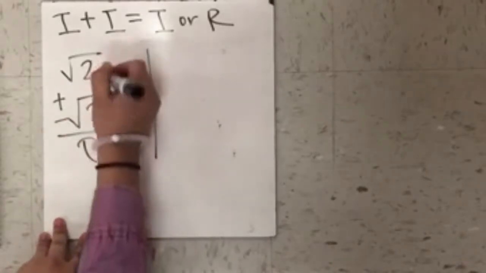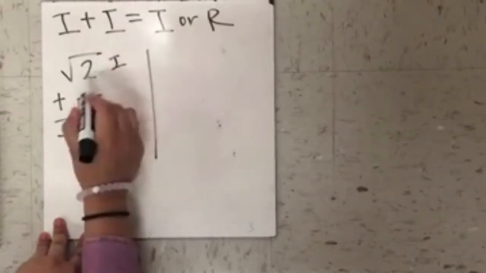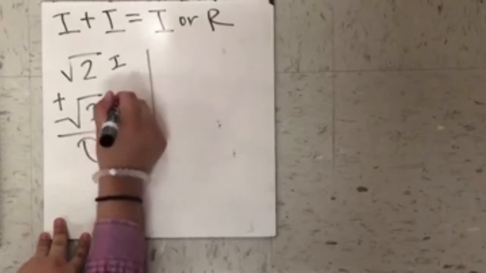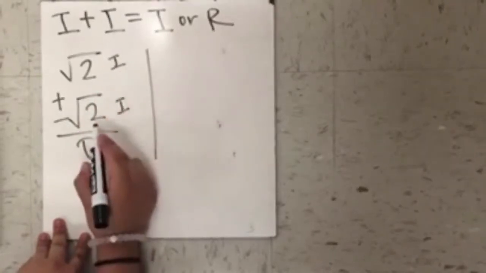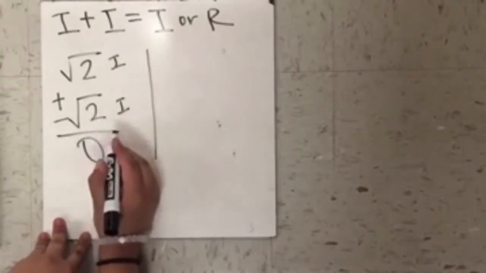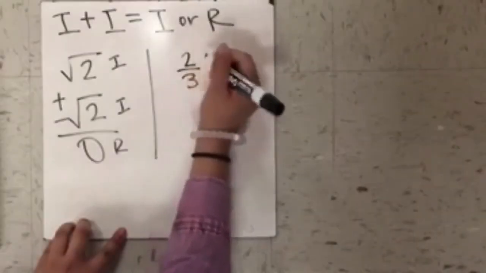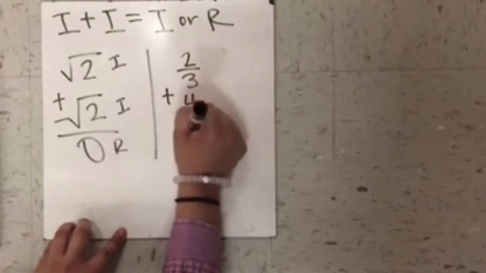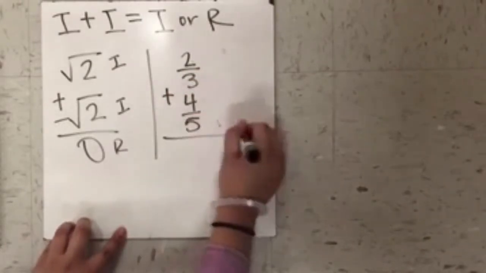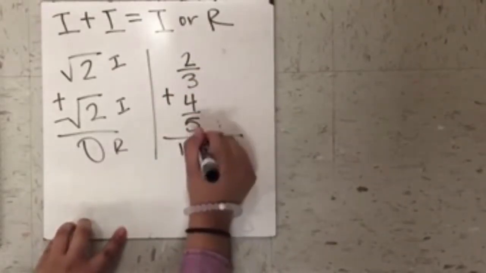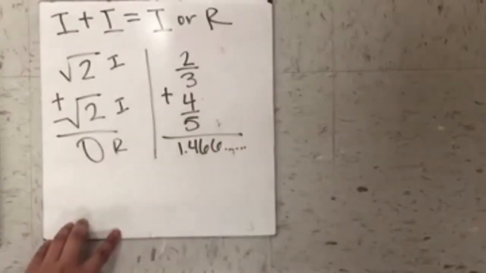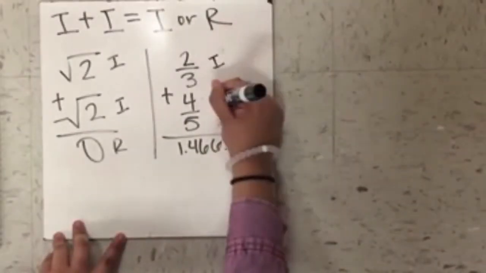Both are irrational, and it's resulting in rational because adding a negative to the same positive value equals 0, and 0 is a rational number. For example, 2/3 plus 4/5, that equals 1.46 repeating. So both being irrational having resulted irrational as well.